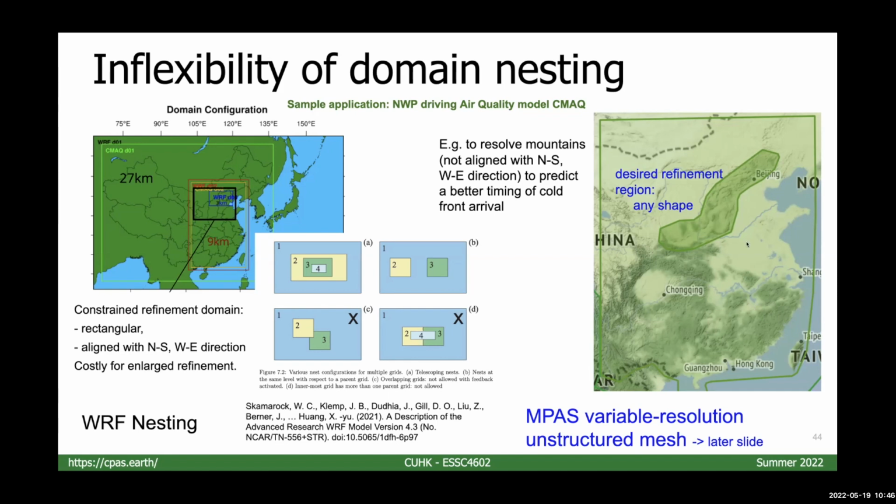downwind areas. So for practical use, like using a numerical weather prediction model to drive the air quality model, which is called CMAQ, to simulate PM 2.5 concentration changes and distribution in this area, then we better find some way to make the NWP model provide a good wind field to drive the CMAQ air quality model.